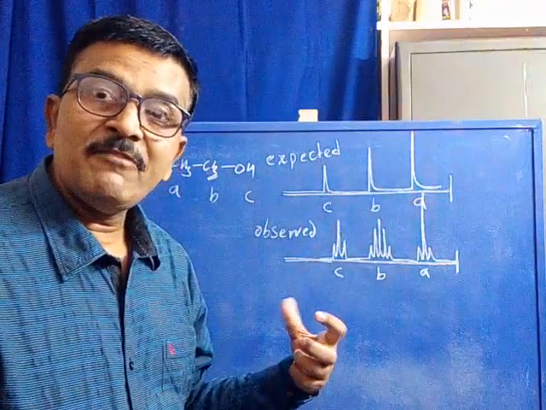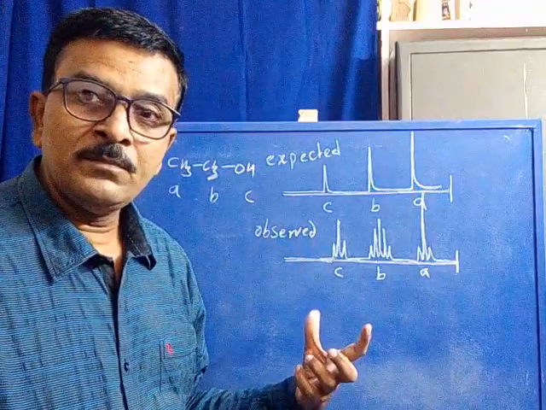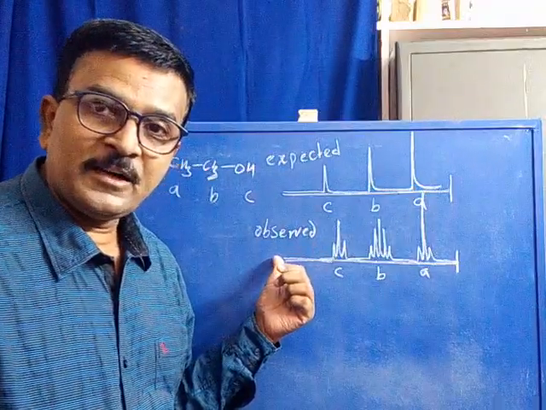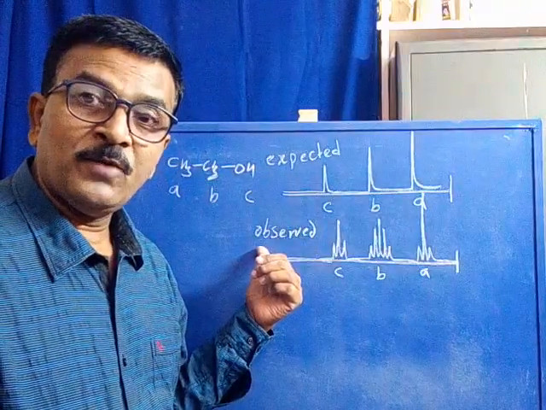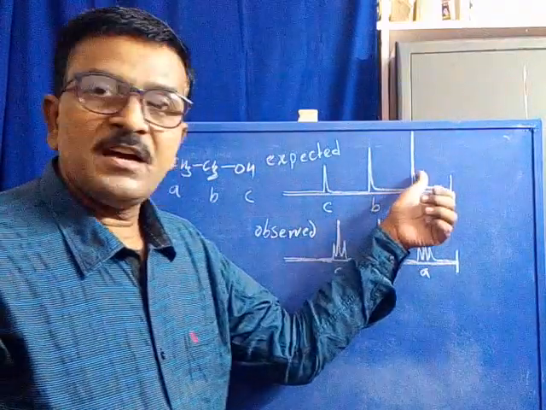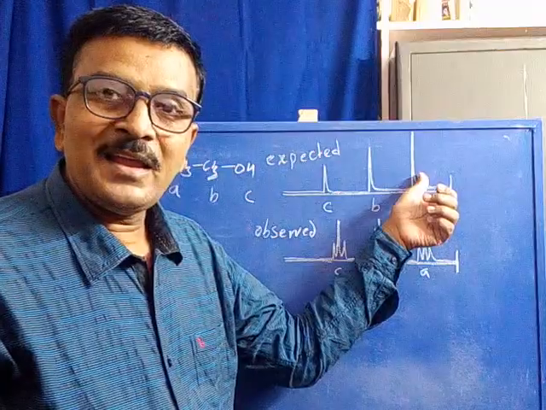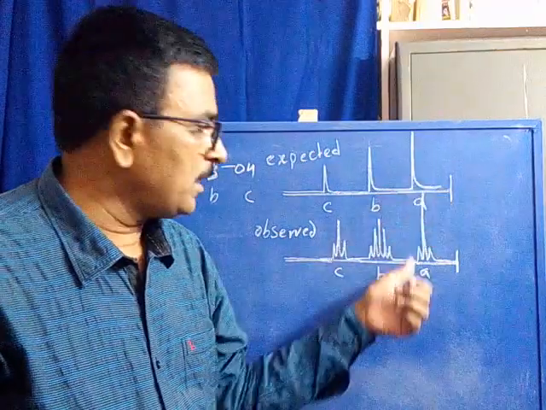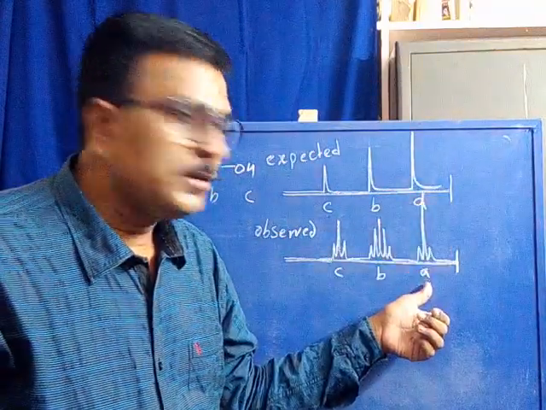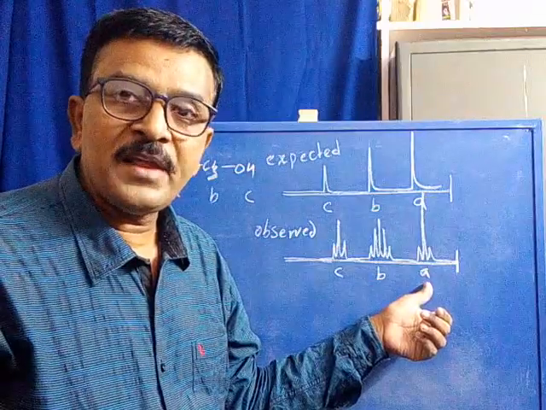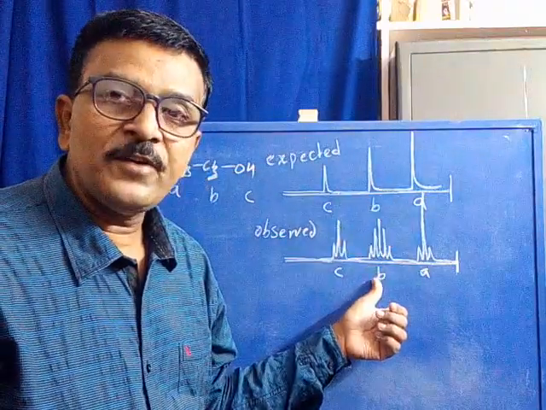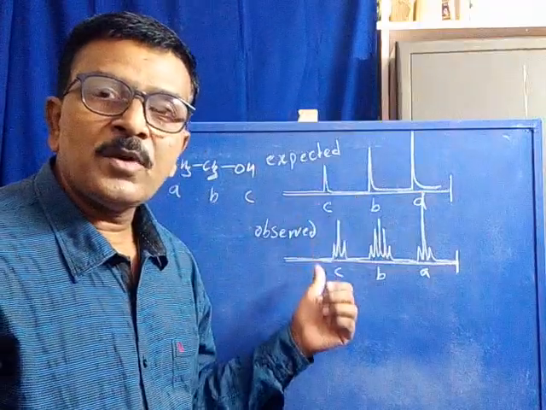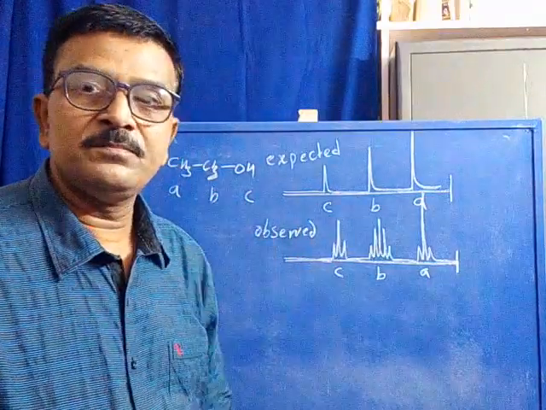But practically, when we record its spectrum, we get the spectrum like this. This is the expected spectrum, this is the observed spectrum. What happens? Instead of a single line for an equivalent set of protons, A is split into three lines. B set of protons appears with five lines. C set of protons appears with three lines.